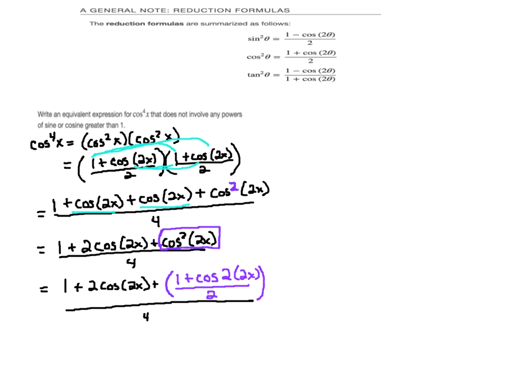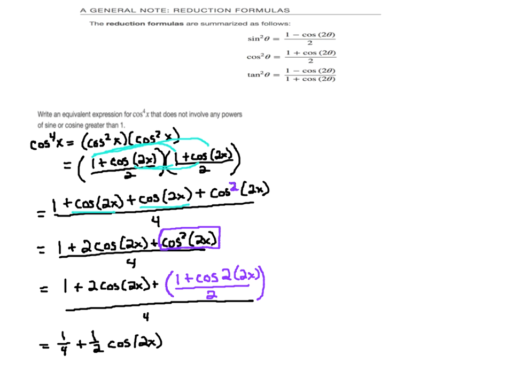So my next step looks like this. 1/4 plus, okay, so 2/4, so I'm looking at this second term here, that's the same thing as 1/2 cosine of 2x. So I'm just dividing each of those by 4.